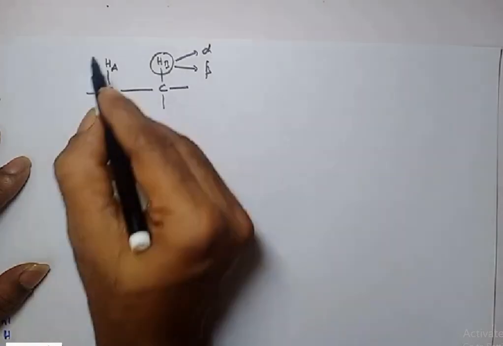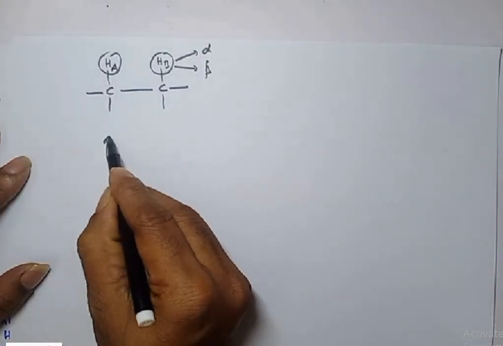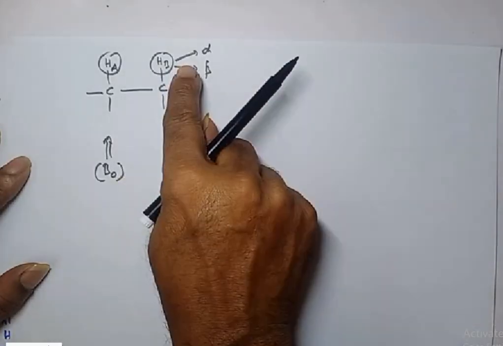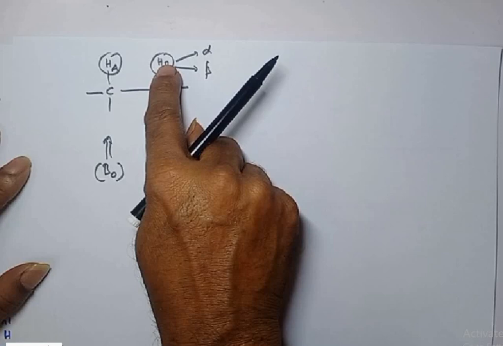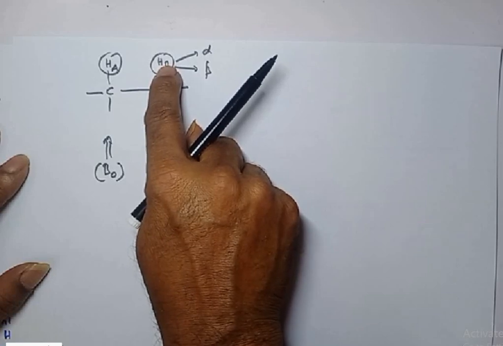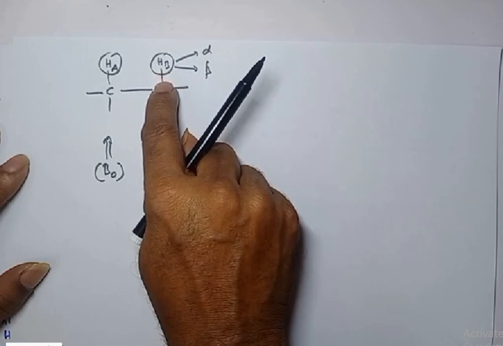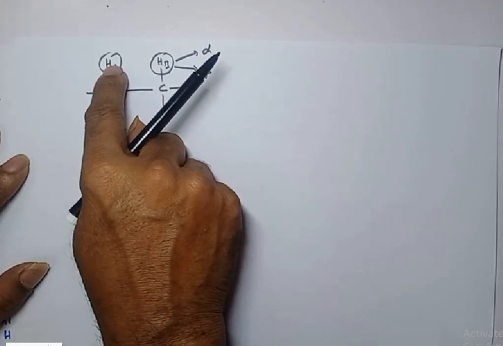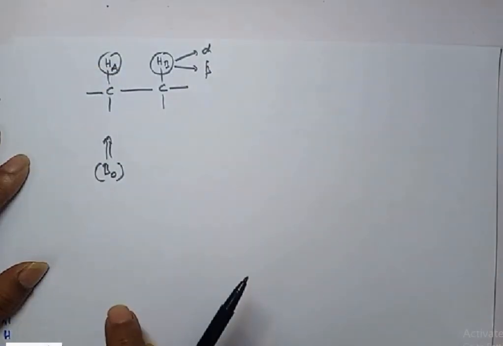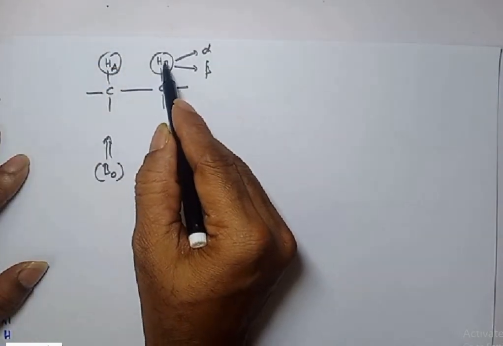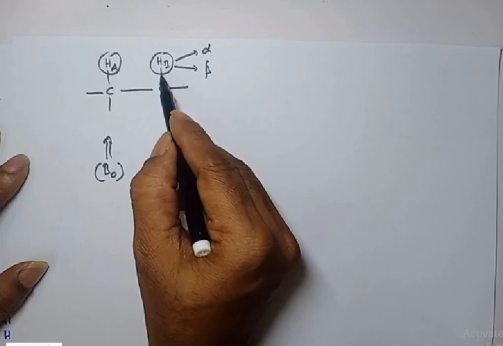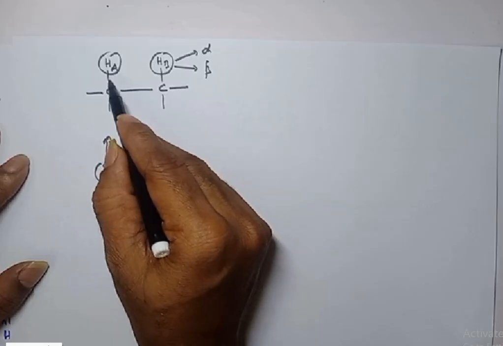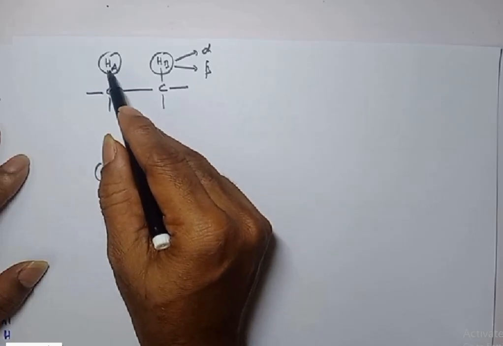Now what will happen? In the external magnetic field, say B0 or BZ, the adjacent nucleus HB interacts through the electrons present in the bond, and hence it interacts with the nucleus of HA. The nucleus of HB interacts with the bonded electrons, then the nucleus of carbon and the bonded electrons, and then it interacts with HA.